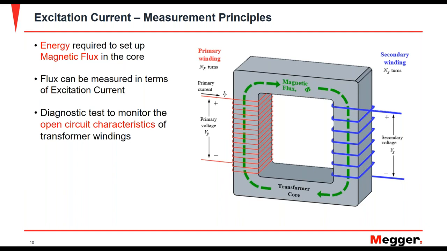So we are looking at two parts of this puzzle here. The first is we are understanding how much energy it takes to establish that working flux within the transformer so that it links to the secondary side. And we are also understanding how the primary winding is going to behave in an open circuit condition.